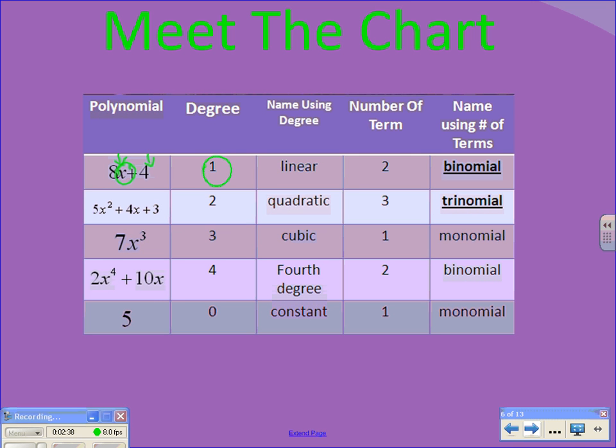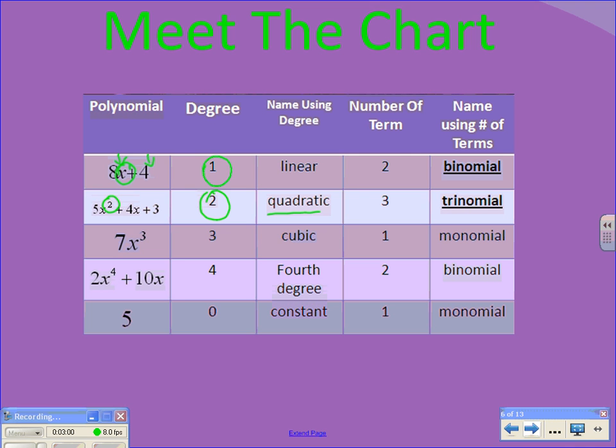And then we have a degree of 2, which we know comes from the exponent of the variable. To find the degree, you can always start with the greatest exponent. Quadratic is just another word for 2.